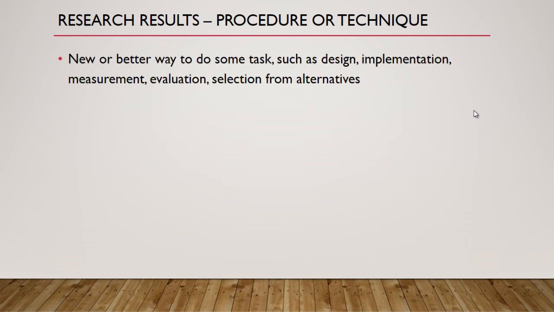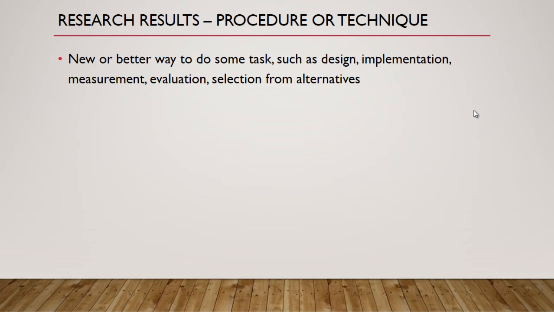Okay, now the next research result is a procedure or technique. What it means is that it is a new or better way to do some tasks, such as design, implementation, measurement, evaluation, selection from alternatives. So meaning how to do things.